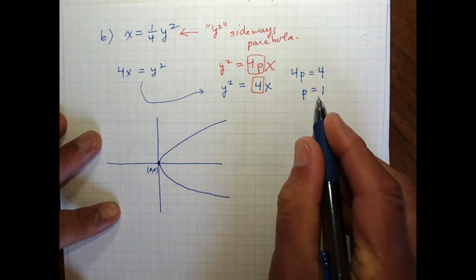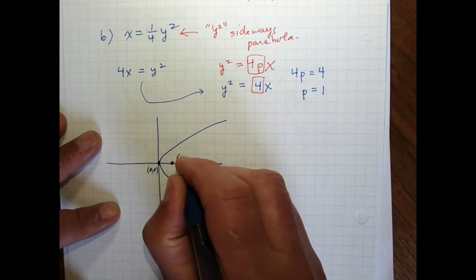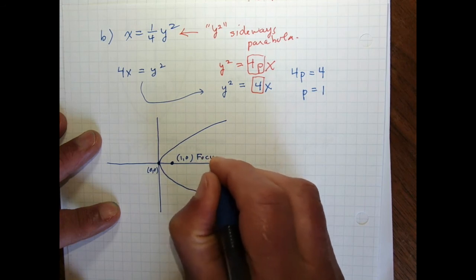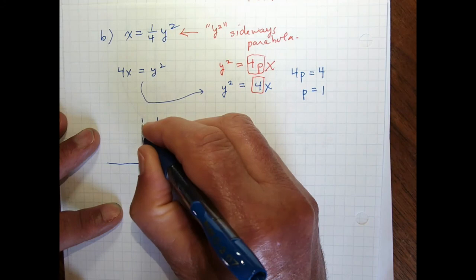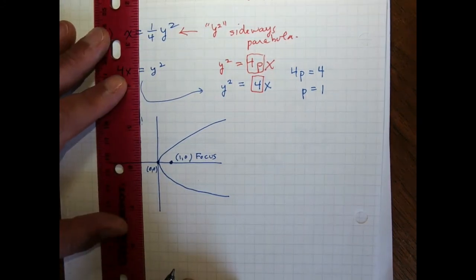And the p-value of 1 is telling me that my focus is at 1, 0 on the x-axis. And my directrix, well, I'm going to learn my lesson from last time. I better use a ruler.